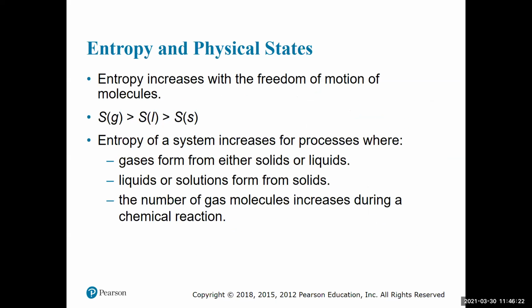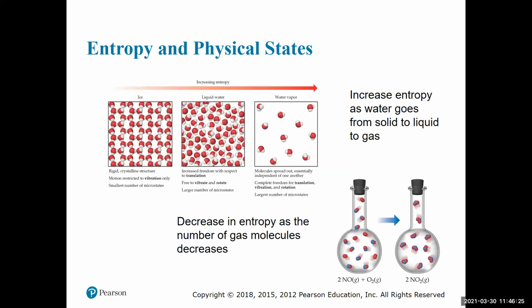Okay. One last thing I want to talk about before we end here. Let's just do an example here, which kind of highlights the entropy in the physical states. So the top figure that we have here shows how water entropy increases as you go from solid to liquid. And I think that makes sense to us probably, but let's go over it anyway. So on the left-hand side here, we have frozen water, and we're going to have this rigid crystalline structure, right?